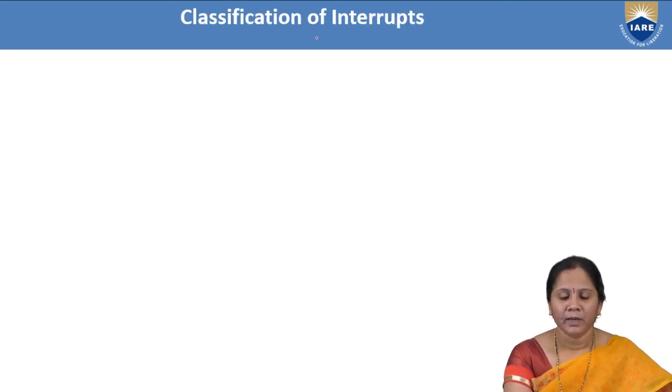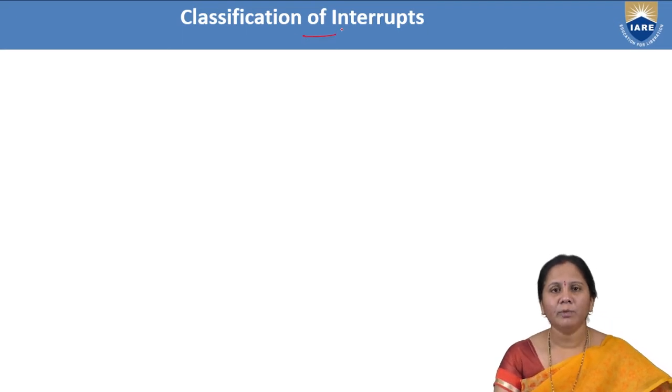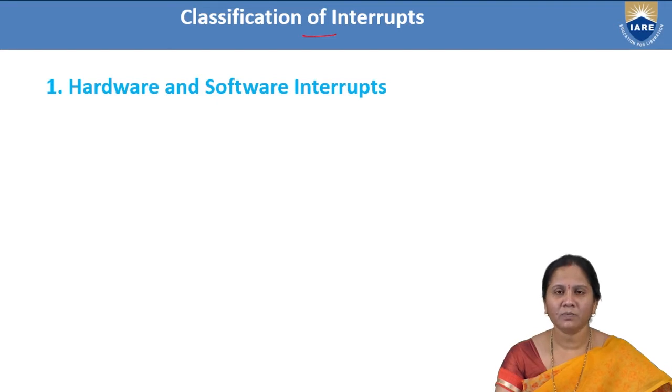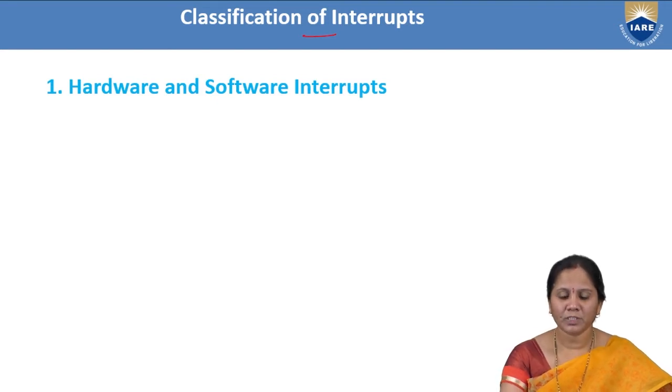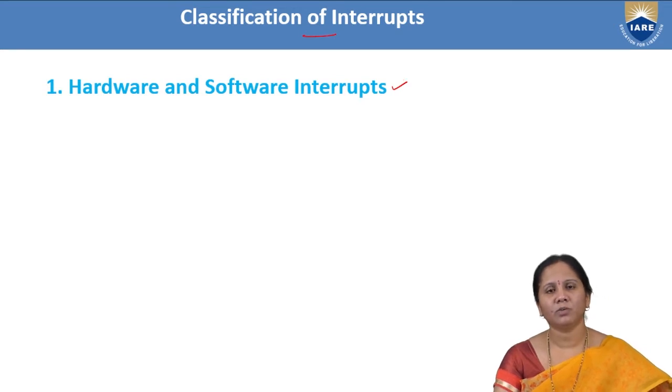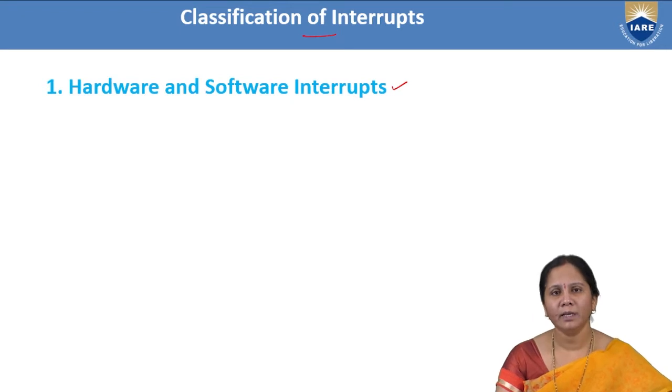Next, coming to the classification of interrupts, the interrupts are classified into different types. First one is hardware and software interrupts. Hardware interrupts are also called external interrupts because they are generated by external devices. That means any interrupt coming through the interrupt pins of the 8086 microprocessor is called a hardware interrupt.